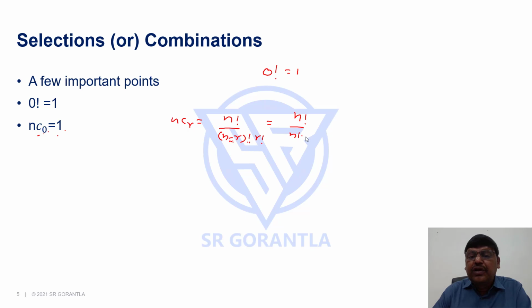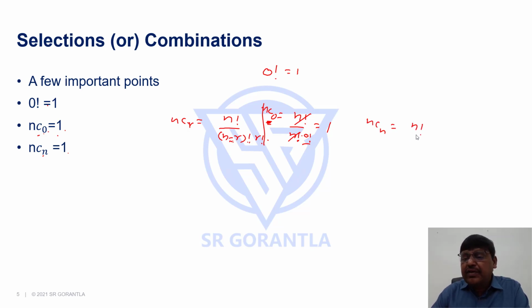N factorial into 0 factorial. As I said, N factorial gets cancelled, and factorial 0 is 1. That's why NC0 is equal to 1. Now similarly NCn equals 1, the same thing happens. NCn means N factorial by (N minus N) factorial into N factorial. This gets cancelled, N minus N is 0, factorial 0 is 1, so it will be 1.